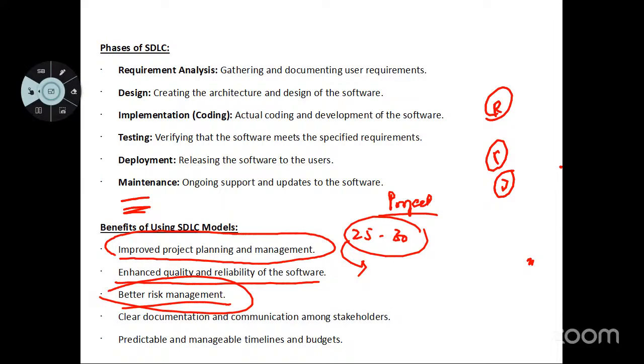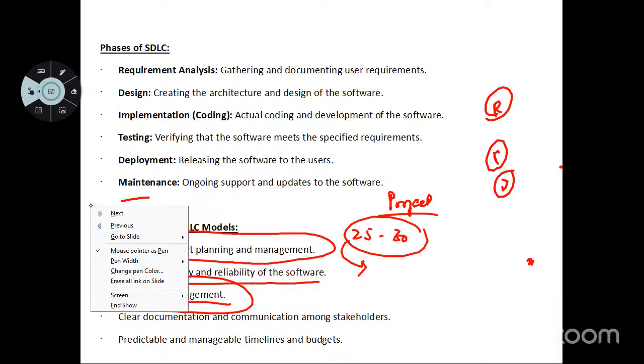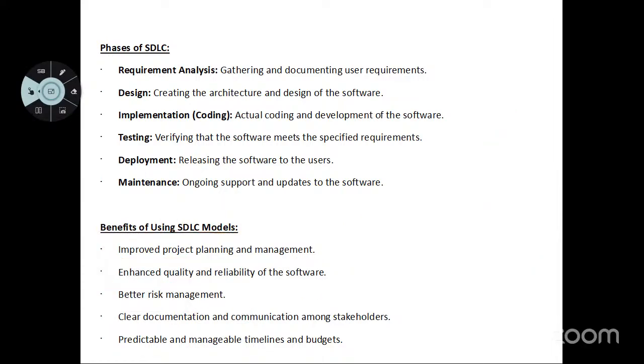And you can easily predict and manage timelines and budgets. Okay. So what is the budget assigned as on date, and what is the timeline assigned for a project, and how can we complete the project in this duration? We can do all the things in a stipulated timeline. These are the benefits that we get when we adopt the SDLC model.